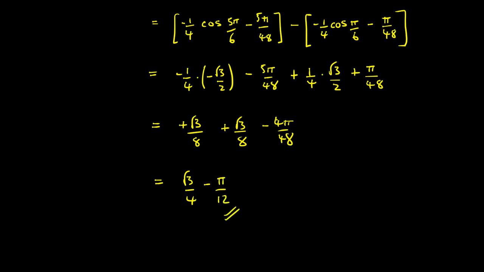So I get as my final answer there root 3 upon 4 minus pi upon 12. And I'm going to check the mark scheme, see if that's all okay. So let's just go down. Hang on, wait. Yeah, that looks okay.